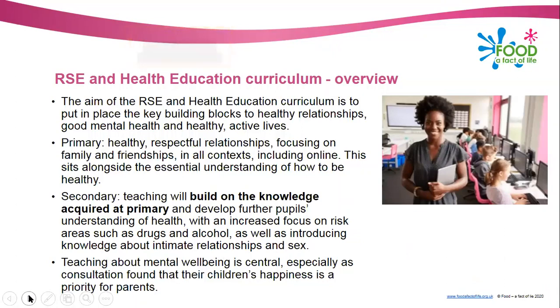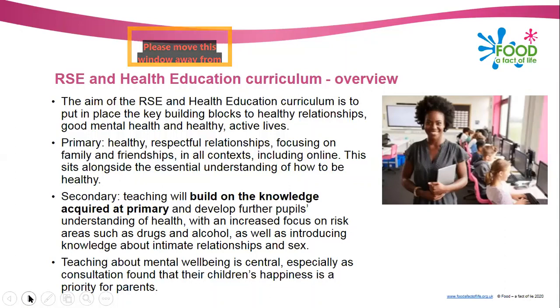So for primary, it's thinking about healthy, respectful relationships, focusing on family and friendships in all contexts, including online. This sits alongside the essential understanding of how to be healthy. For secondary, what's really important is that the teaching at secondary builds on the knowledge acquired at primary. So it isn't separate.